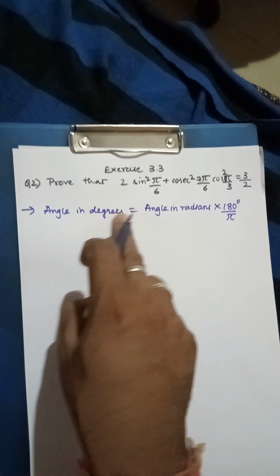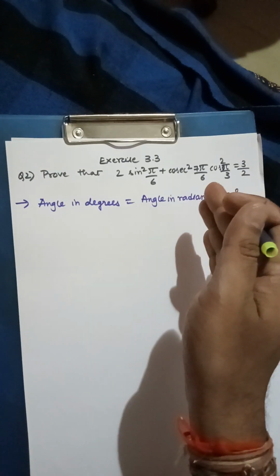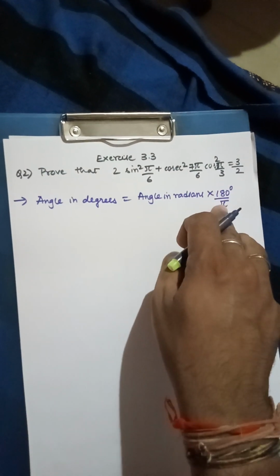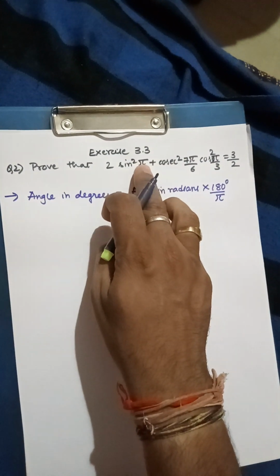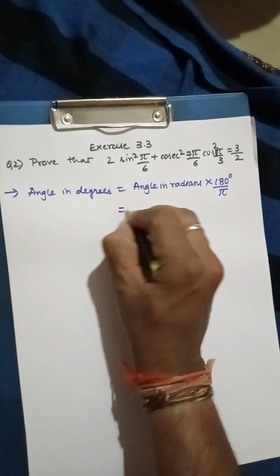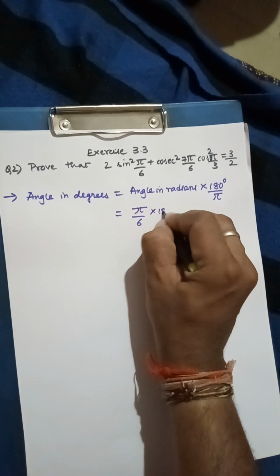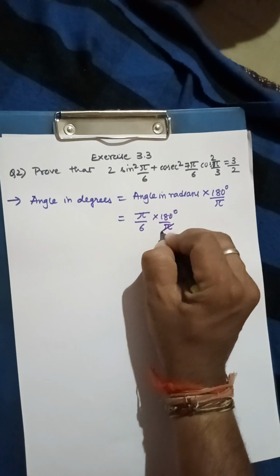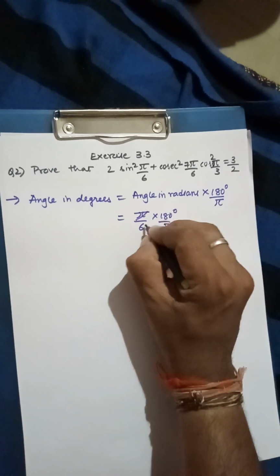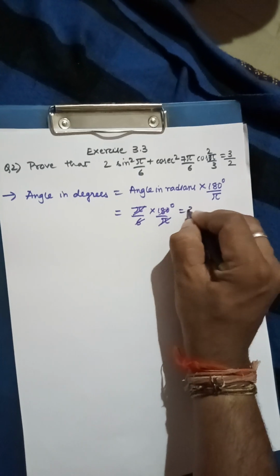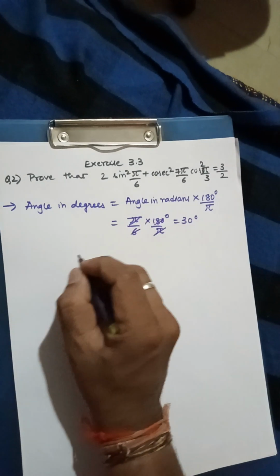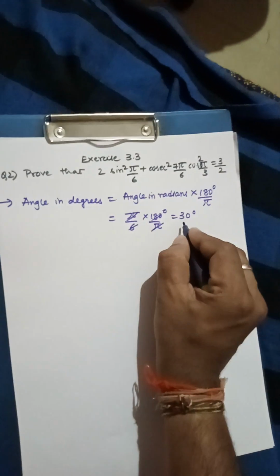So to convert angle in radians to angle in degrees, we just need to multiply the angle in radians by 180 by pi. So let's take the first angle, that is pi by 6. So pi by 6 into 180 degrees by pi. Pi and pi will cancel each other. So 6 1 times, 6 30 times. So this will be 30 degrees. So pi by 6 will be equal to 30 degrees.